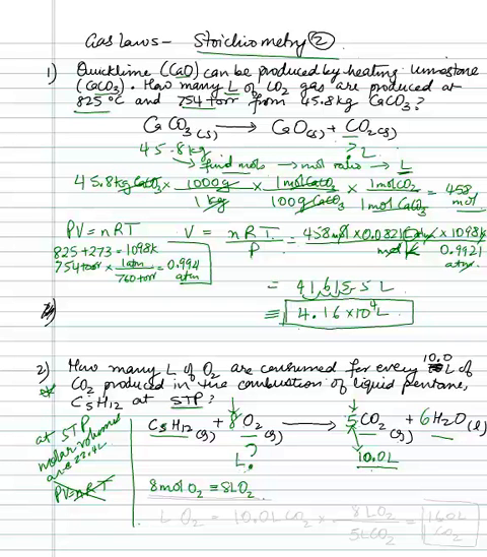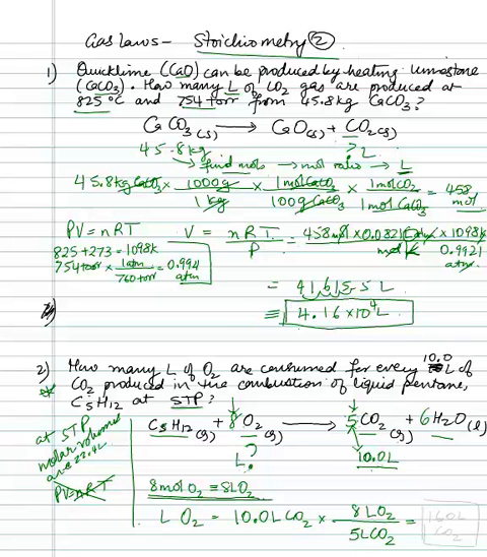Otherwise, let's work with liters of oxygen, set up as 10.0 liters of carbon dioxide. For 5 liters of carbon dioxide we always get 8 liters of oxygen, and that liters is coming from this mole ratio, because we can convert the moles, these coefficients, directly into liters.